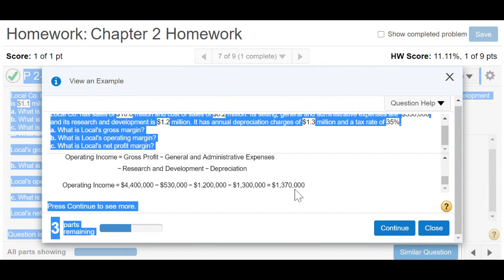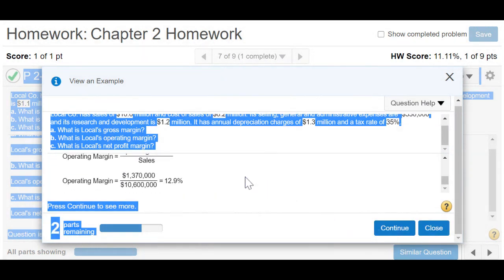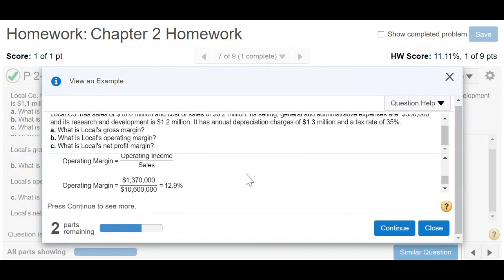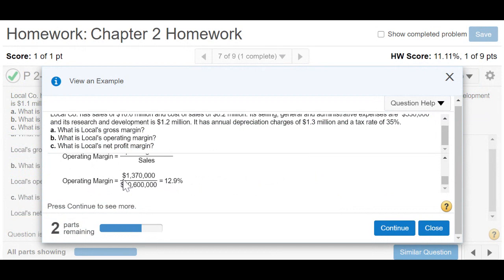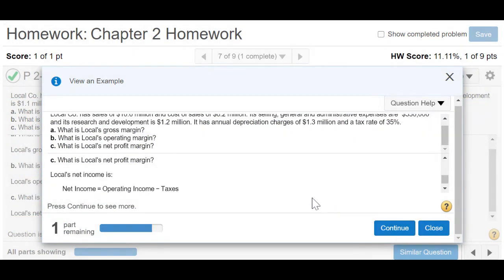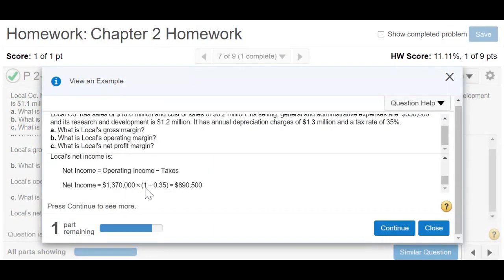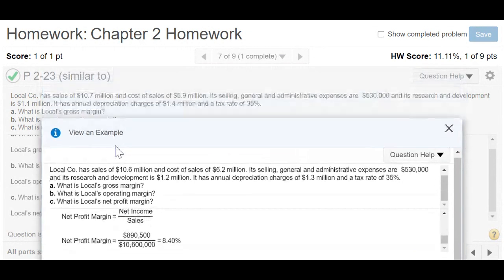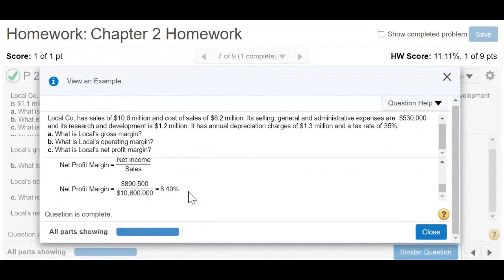We come out with 1,370,000. After we do that, we get 12.9 as the operating margin. Then we take this 1,370,000 and we multiply it by 1 minus 0.35. And we come out to 890,500. And then we divide the 890,500 by the 10.6 or 10.7 that we have on our one. And then that's the answer.